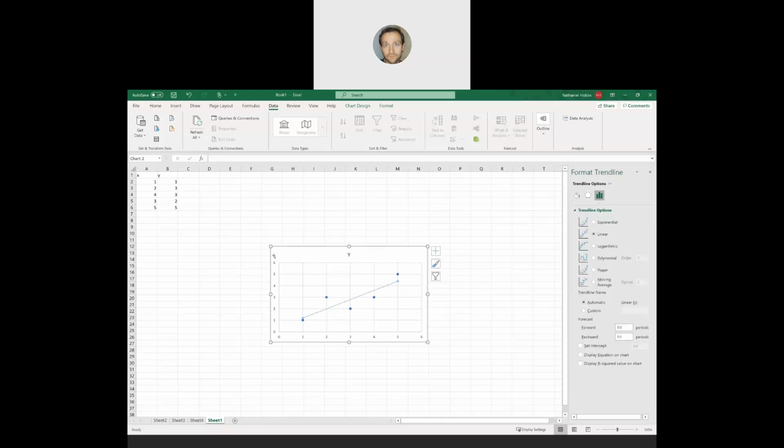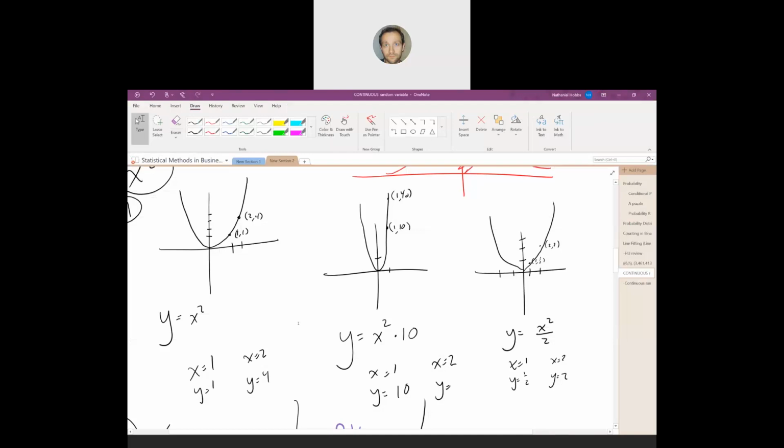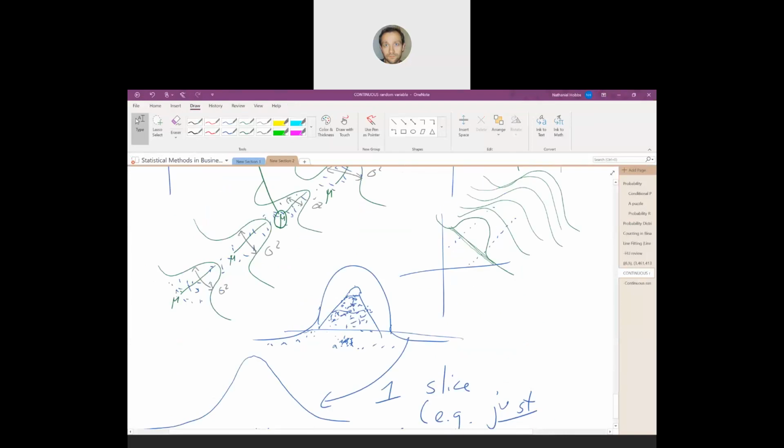How would you show the variance off that line? Kind of like this. I mean, that's the variance, the r squared. If you wanted to overlay this with my sort of tunnel description here, Excel doesn't do that.